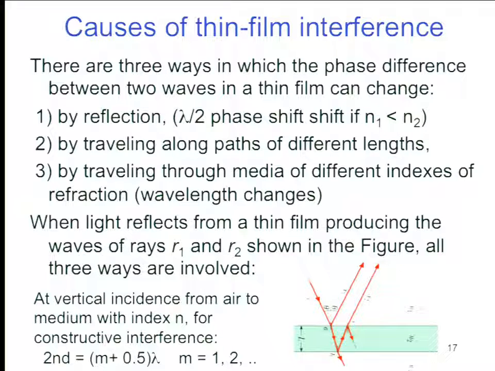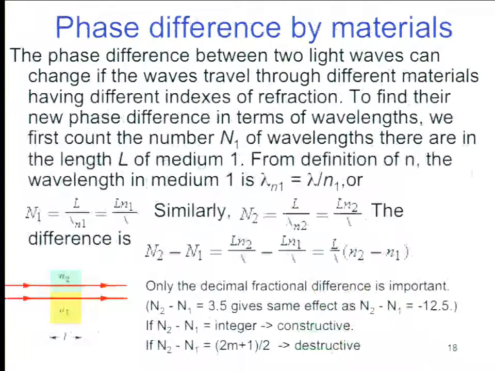And the third thing that happens is that there is a phase shift when you reflect off a medium of higher index of refraction. So you have to take all of those phase shifts into account, and that is explained in the book, and I don't know that I have to belabor it here.